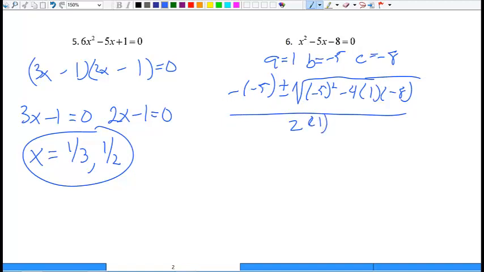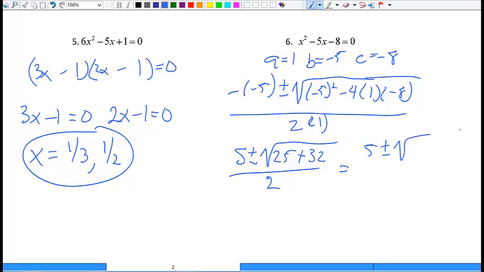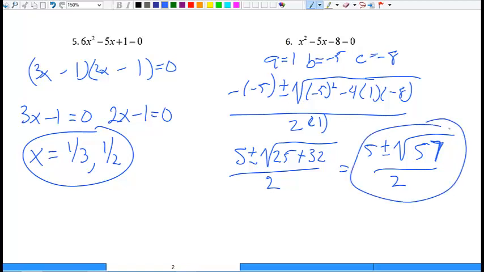So the negative 5 gives me positive 5 plus or minus, and then we get 25 plus 32 all over 2. 5 plus or minus, and then 25 plus 32 is 57, which is not a nice pretty number. So we can't simplify that square root at all. So those would be our two answers for that.